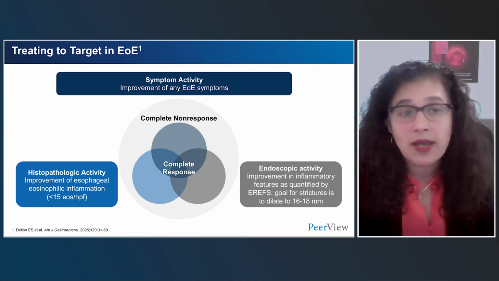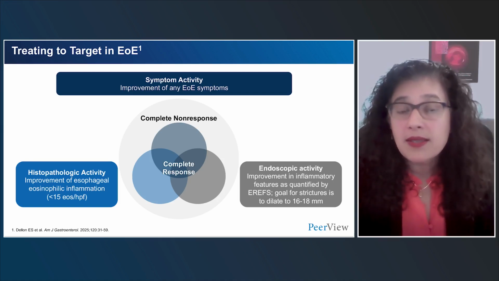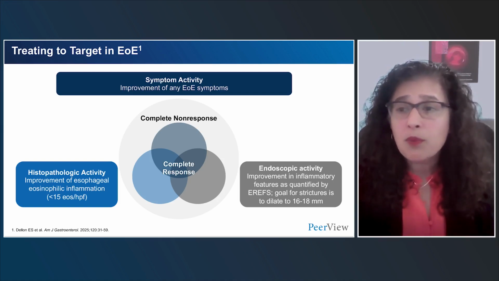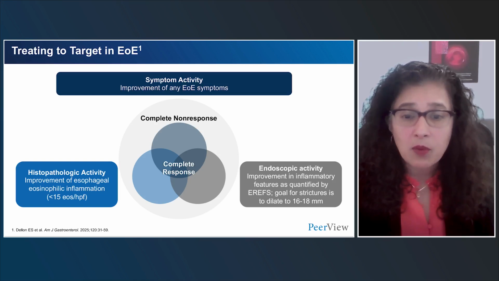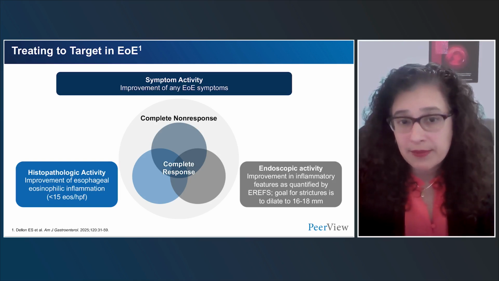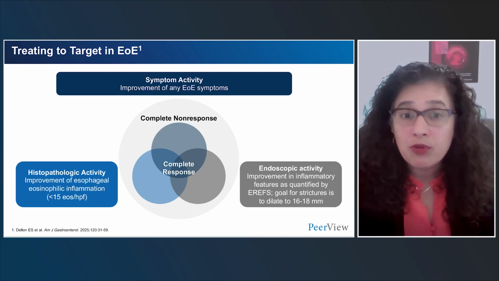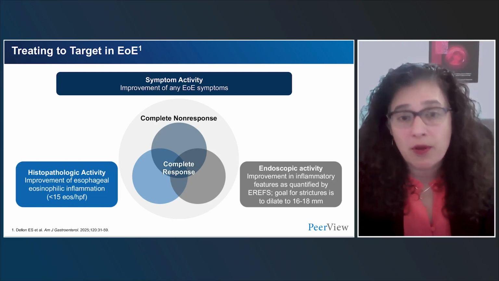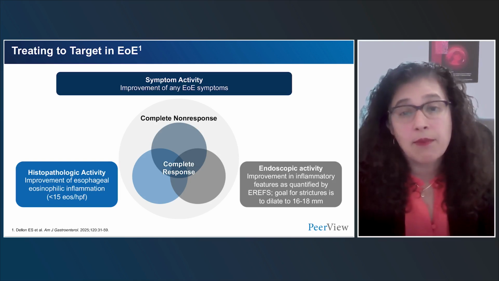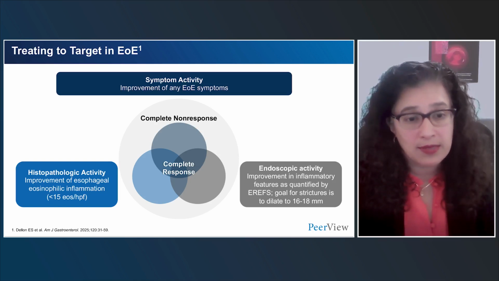It's important to recognize the concept of treat to target in EoE. What are the appropriate endpoints in EoE? Well, it's multifactorial. One, we want improvement in symptom activity. We want improvement in that dysphagia. We don't want our patients to have to be dealing with those impact symptoms and modifications. So we want improvement in symptoms.